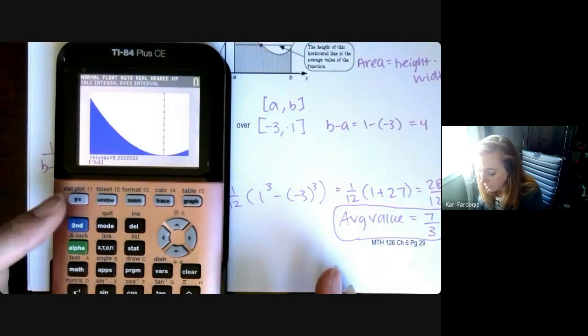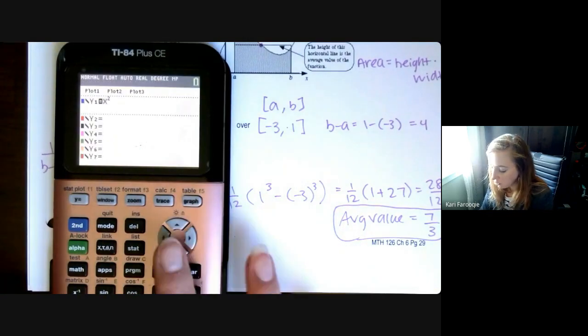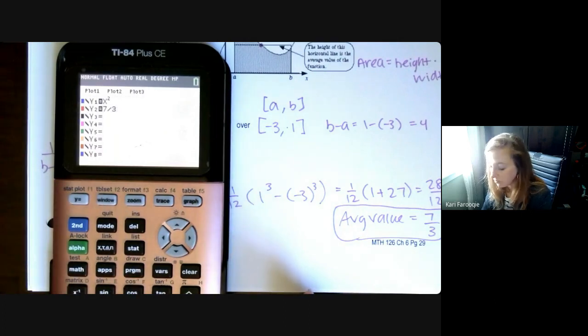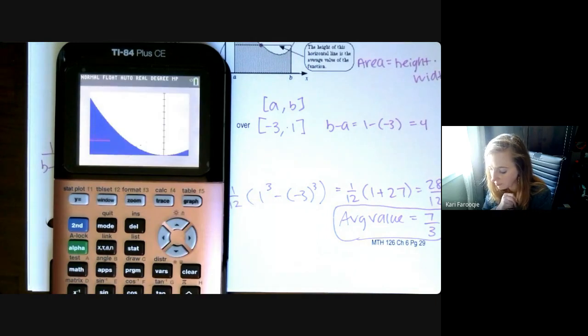What I'm going to do now is pop in this function, 7/3, for the height. And we should be able to see this line where we've created a rectangle from -3 to 1 such that the area under the curve would have been the same exact area as the area of the rectangle.